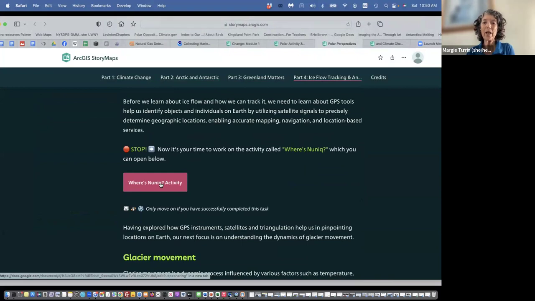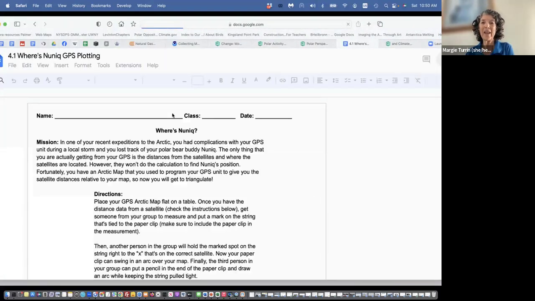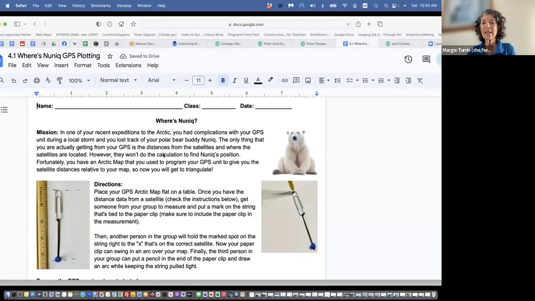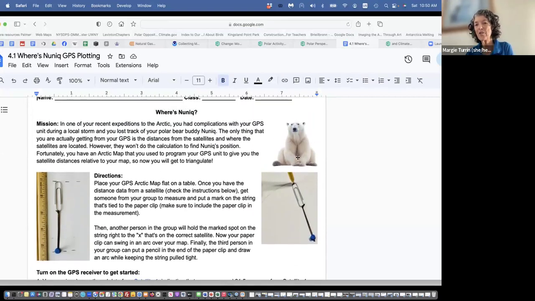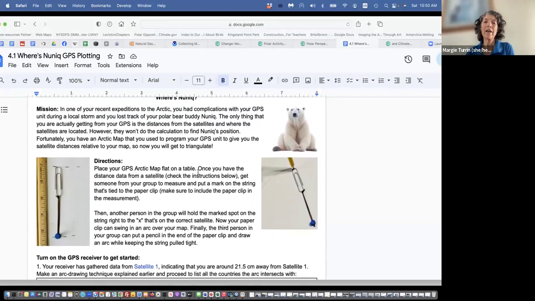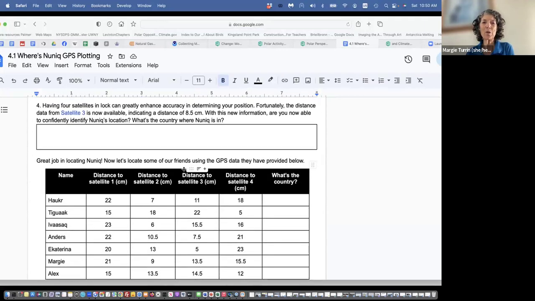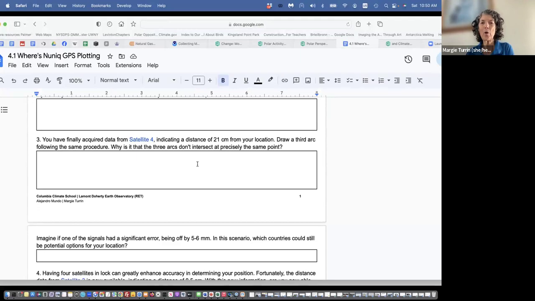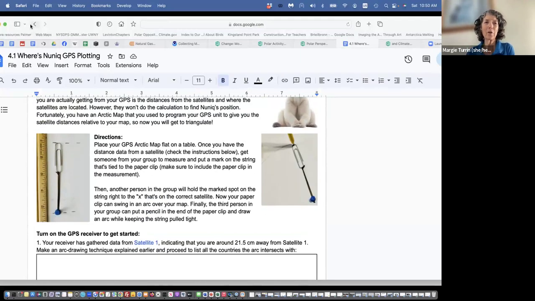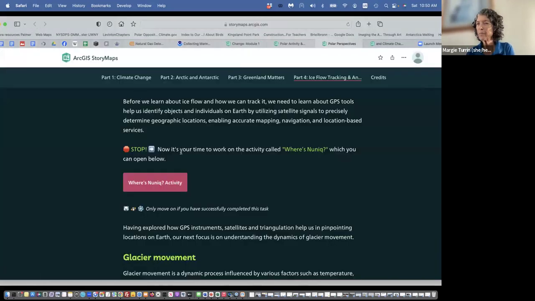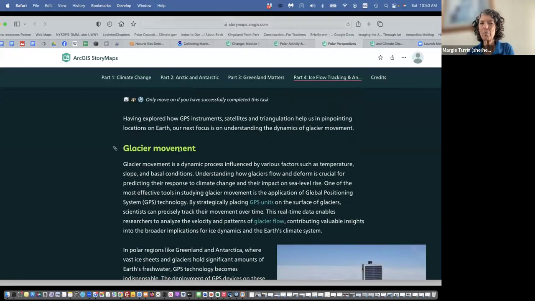This is a great activity that looks at GPS. He uses this engaging little polar bear, Nunnik, as where's Nunnik? And they have some clues, and these are their clues, and they're going to go and try and locate Nunnik. And then there are other things they can locate. So kind of a nice engaging way to introduce GPS.